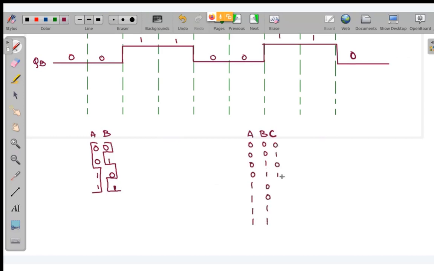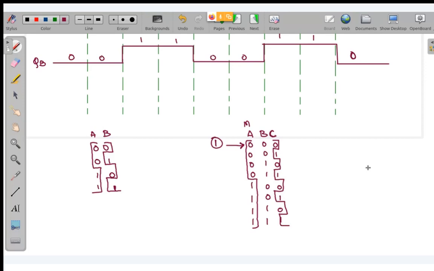And this is 0, 1, 0, 1, 0, 1, 0, 1. If each state is of one clock, with one transition per clock, you can see the MSB is transitioning after 4 clocks, whereas the LSB is transitioning at each clock pulse. After each clock pulse, it makes one transition. So the LSB toggles the most, whereas the MSB toggles the least.